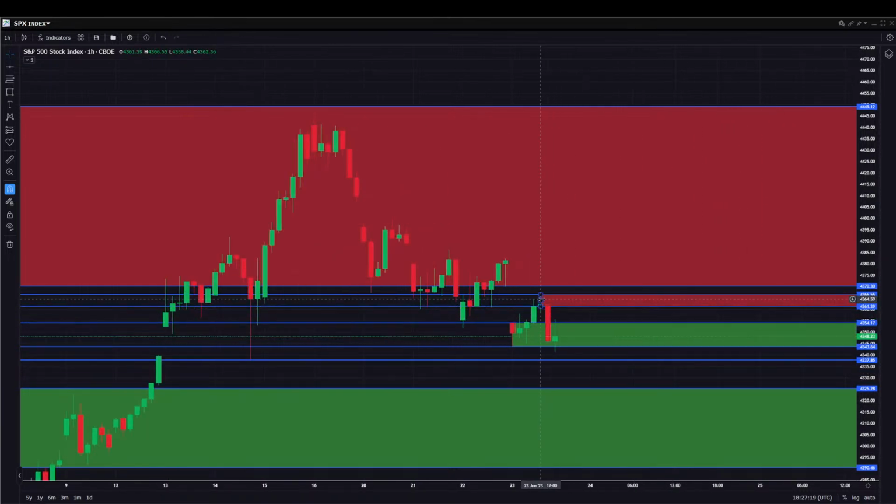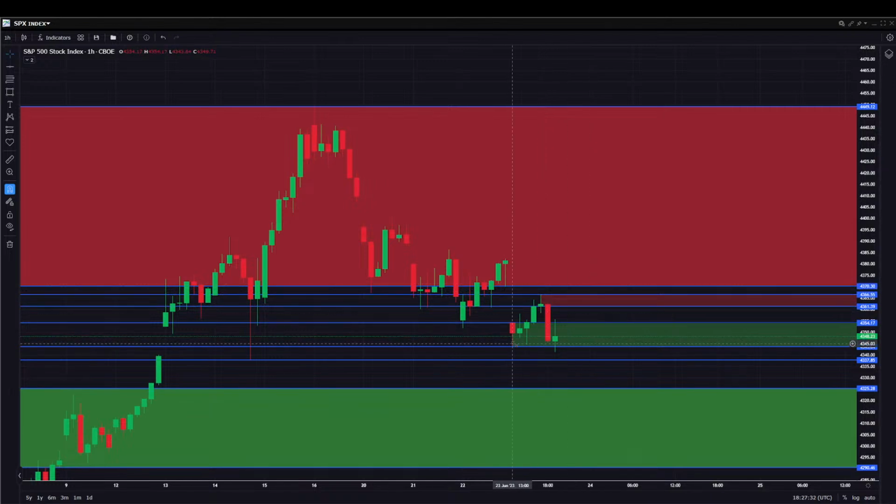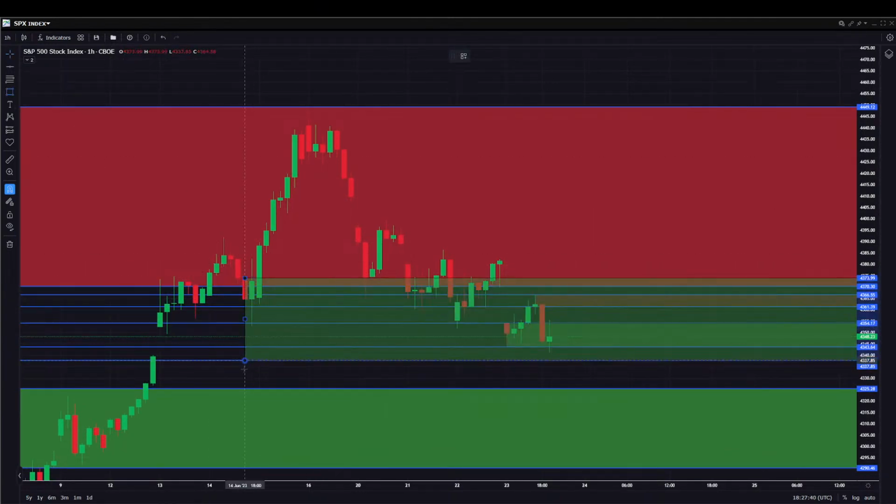So you can see here, this supply zone is from the daily. These ones are from the hourly. This one was just made on Friday. Both of these were made on Friday, pretty much. But this zone right here is part of a larger demand zone right now.